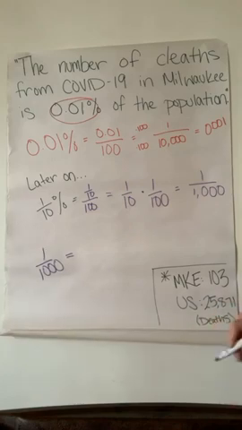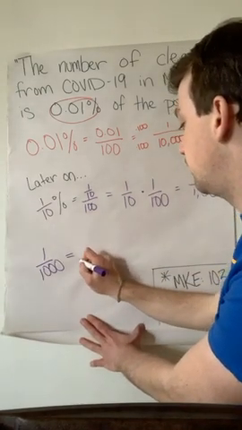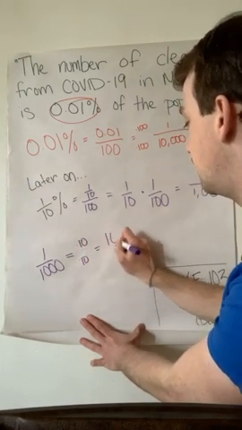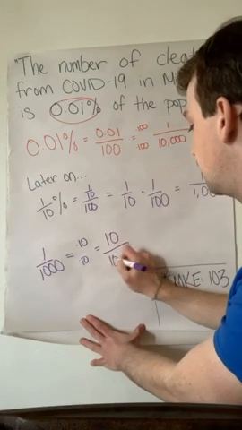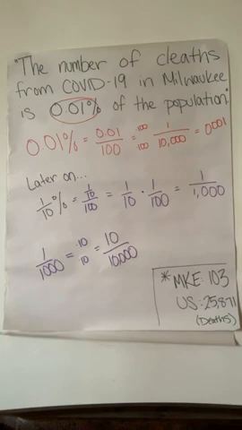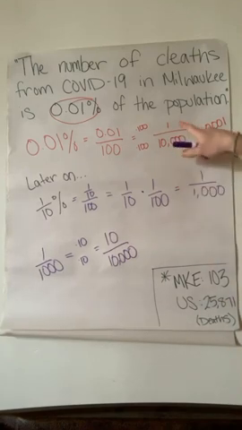If we multiply the denominator and the numerator by 10, then we get 10 out of 10,000. So now we're talking about originally, right now, 1 out of 10,000 people in Milwaukee have died from coronavirus.